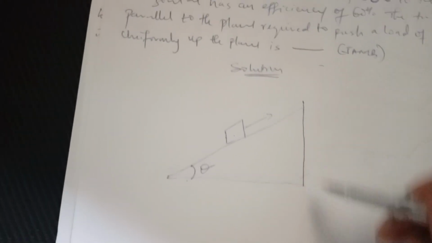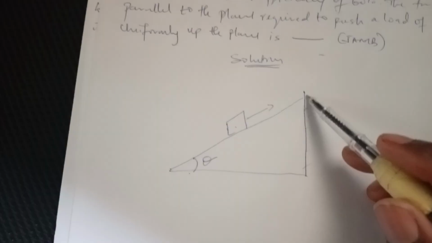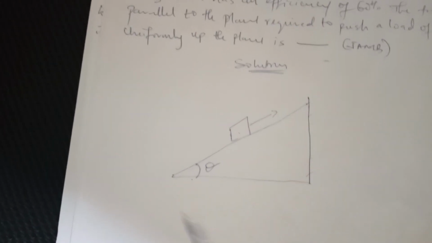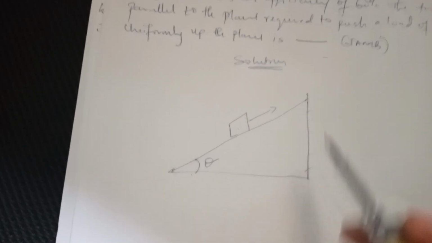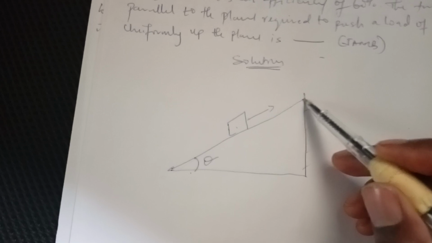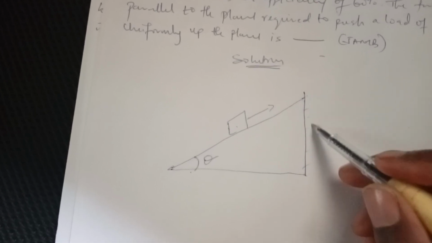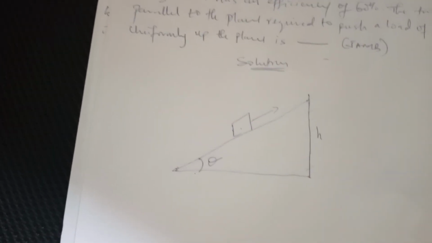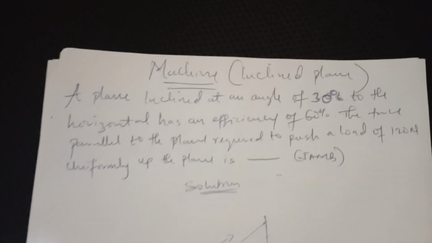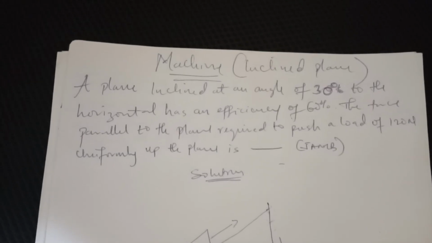This is our height at which the inclined plane rests. So from here to here is the height given as h. I'm just trying to explain what an inclined plane is.